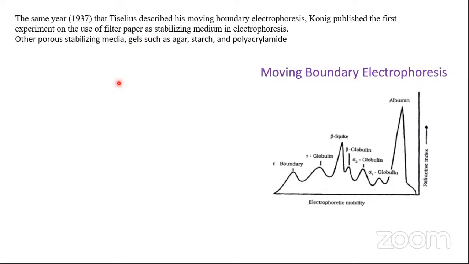But we have already discussed, when we were discussing the factors affecting electrophoretic mobility, how problematic anything like paper, which has an absorbing power, can be, and what kind of problems it can lead to. But a direct comparison can be made between zone electrophoresis and free electrophoresis if we use certain porous stabilizing media other than paper which are sufficiently inert, for example gels like agar, starch, or polyacrylamide gels.